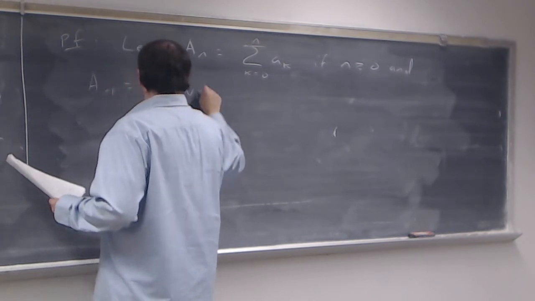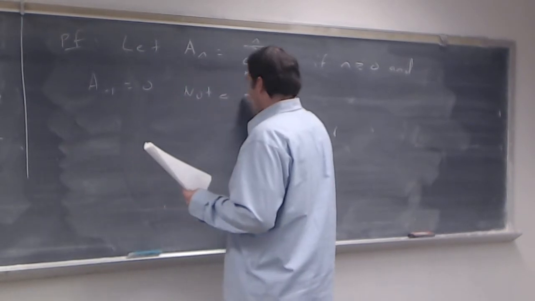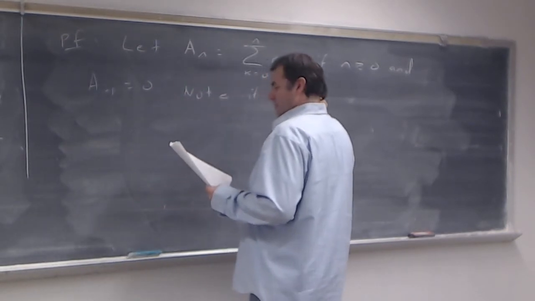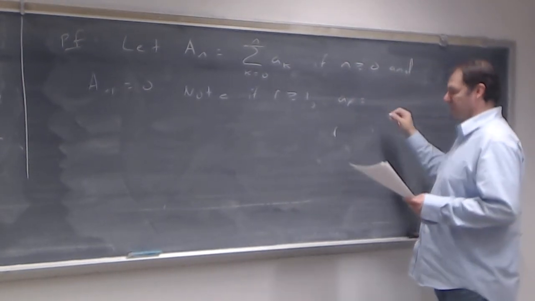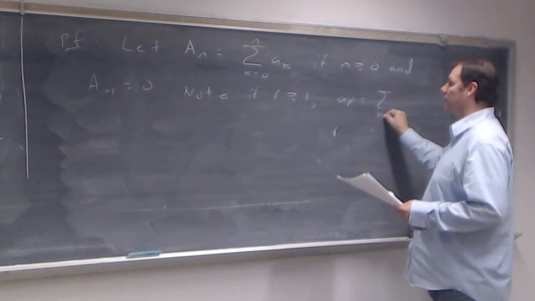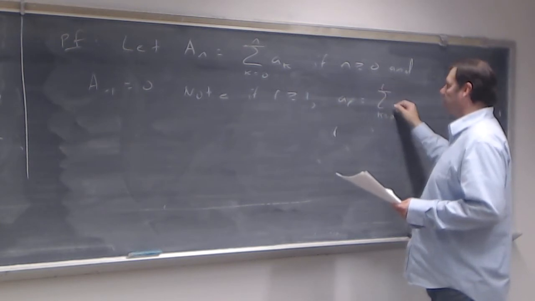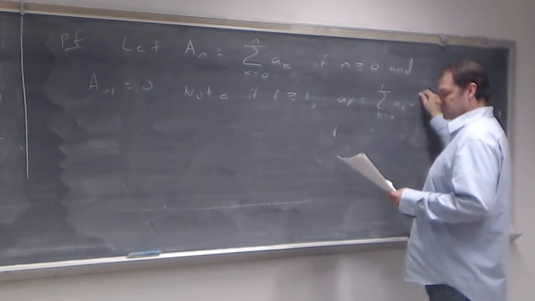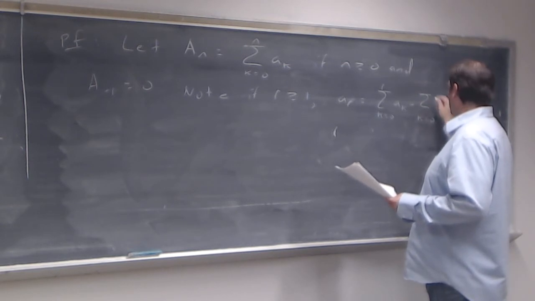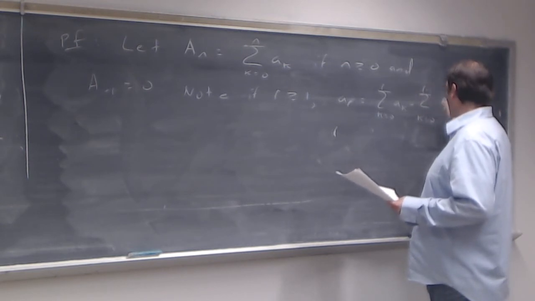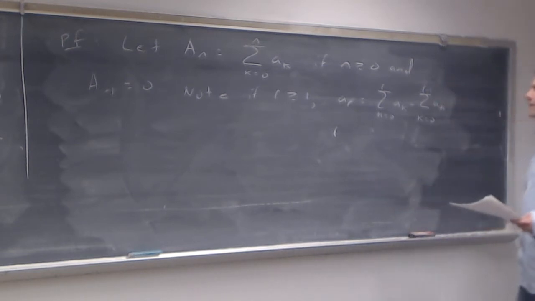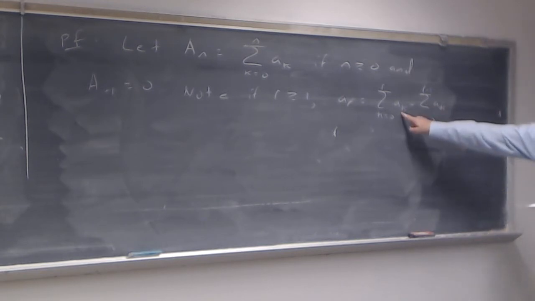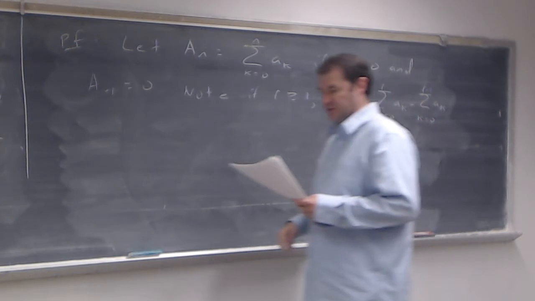Now, the first thing we're going to do is say, well, what if we're talking about some number, call it r, that's greater than or equal to 1? Let's talk about a sub r for a second. a sub r can be thought of as the sum as k runs from 0 to r of a sub k minus the sum as k runs from 0 to r minus 1 of a sub k, because the only term that would be left would be a sub r when you subtract these term by term.